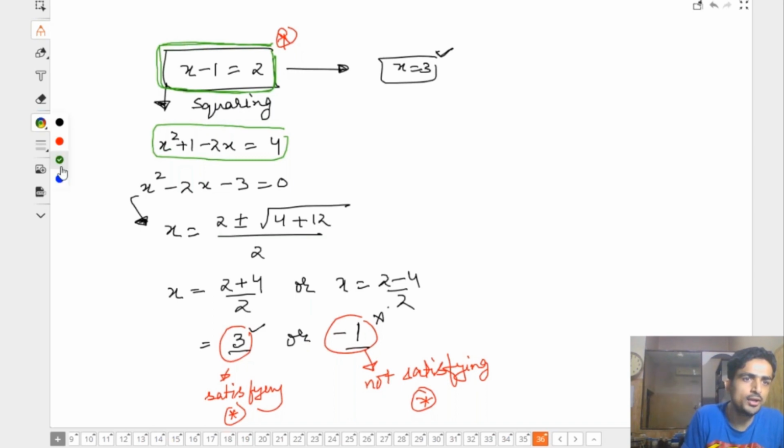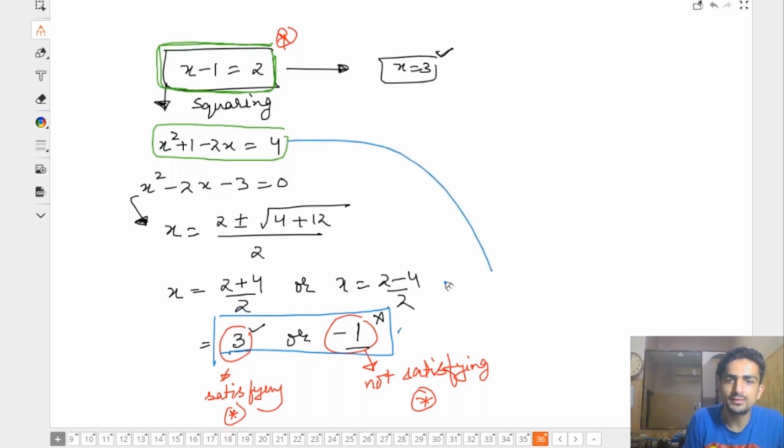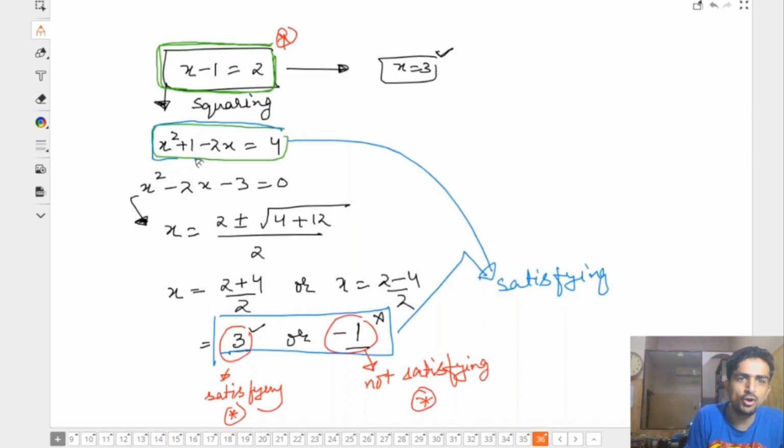If you look carefully, these values of x will surely satisfy this, because it's a solution of this equation. 3 and minus 1 are the solutions of this equation which I got after squaring, and clearly this equation is different from the actual equation.